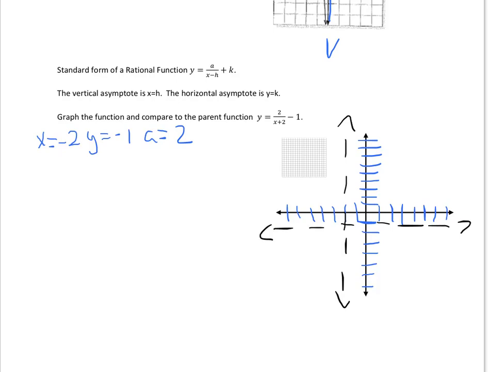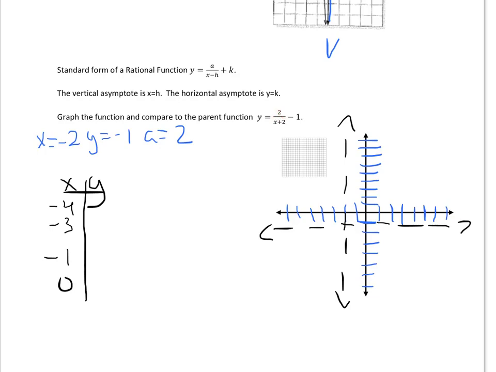Now every time we do this, we make a table to graph it. You pick two numbers to the left of h, which is -2, so you go -4, -3, and two numbers to the right of it, -1, 0. Plug them into this equation right here.